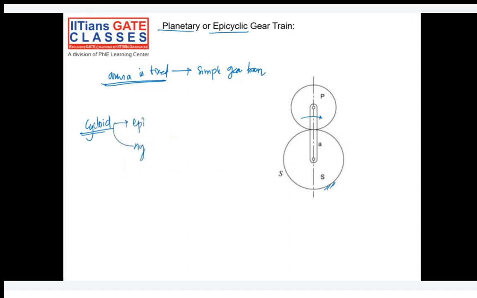Epicyclic gear train means you are tracing a curve by rotating a point lying on the circumference of a circular disc, and the curve traced by this point is called an epicycloid. You can clearly see here, if you trace any point here, it will create an epicycloid. That's why the term epicyclic gear train can also be used for this gear train. Planetary because it is similar to sun and planet, and epicyclic because it is creating an epicycloid.